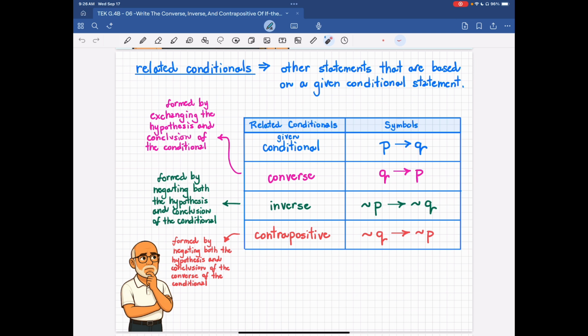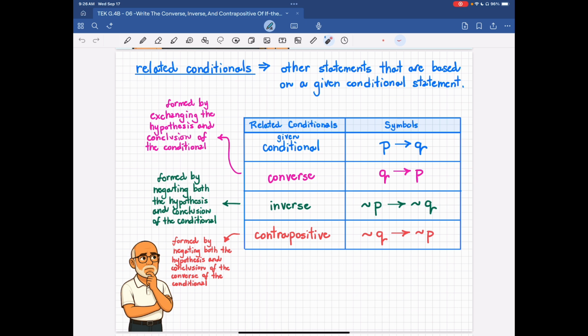Now, you know that when we write the symbolic statement for a conditional, it is if P, then Q. So if we want to create the converse, what we do is we flip the hypothesis and the conclusion. So Q moves down here to the hypothesis, and P moves over here to the conclusion.